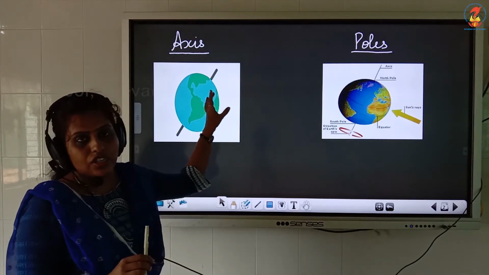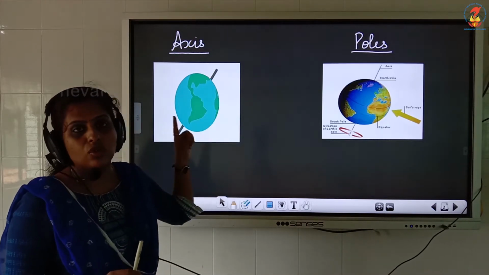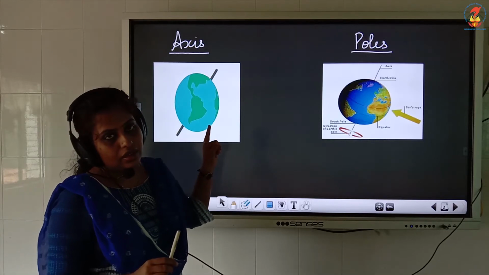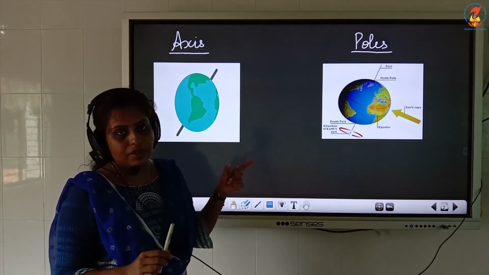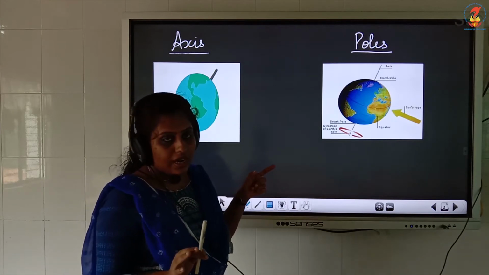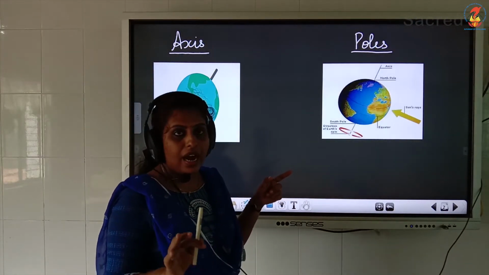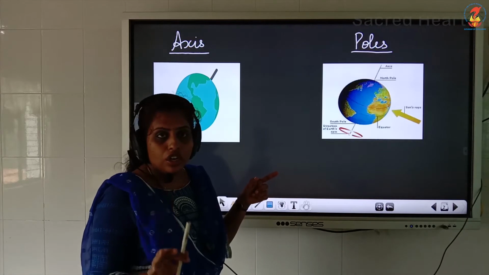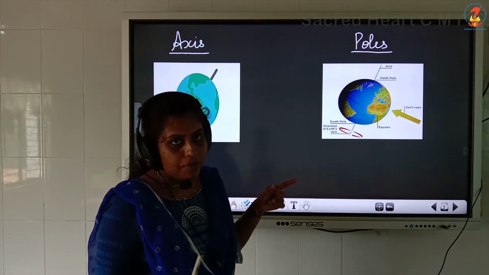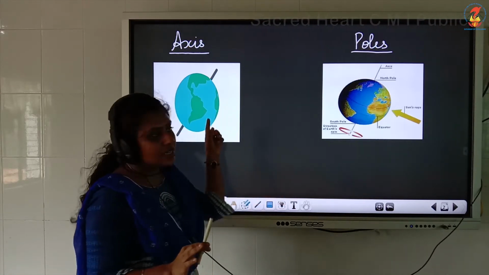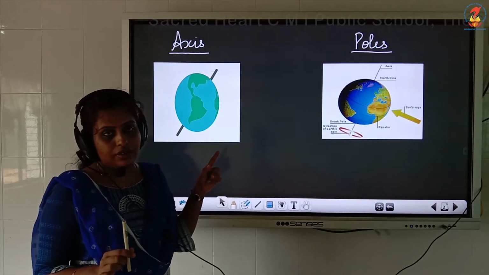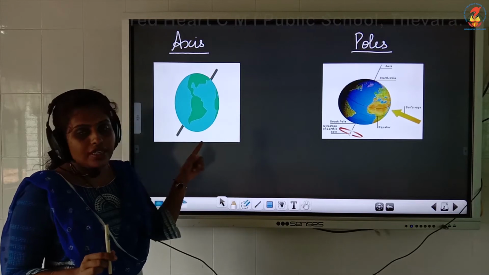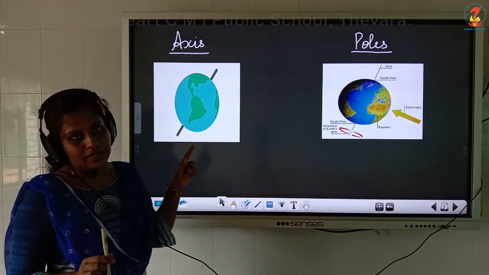On this imaginary line, the earth spins. These are all imaginary lines. They are not real lines. They are imaginary lines in order to know the location of places. So, the axis is an imaginary line that passes through the center of the earth, and on this axis, the earth spins.